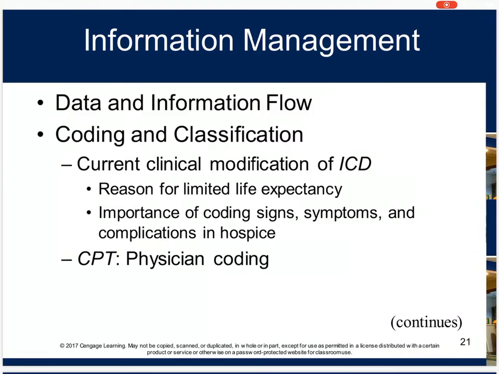Coding these additional signs and symptoms helps to build a diagnosis database that can be used internally to evaluate the quality of care given, and also captures the components of various diagnosis groups. Now, we're using ICD to code our diagnoses, but at the end, physicians employed by the hospice can bill for their services, and they are using CPT.